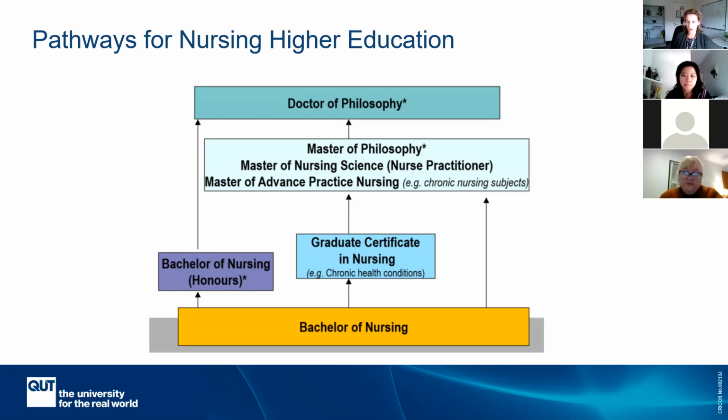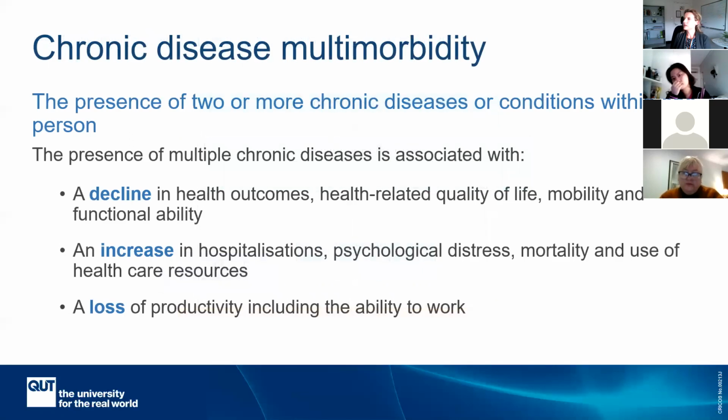So I think I'll move on to where we're going. So basically, we're going to be talking today about chronic disease multimorbidity. And so if you can, for me, it would be great.